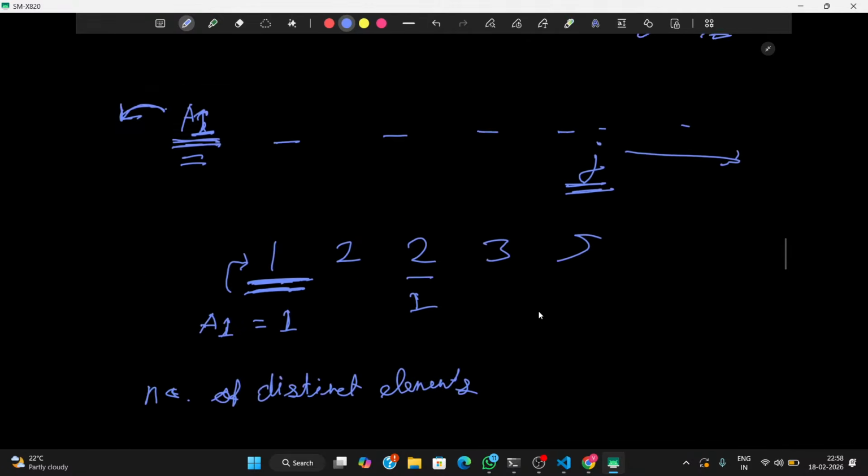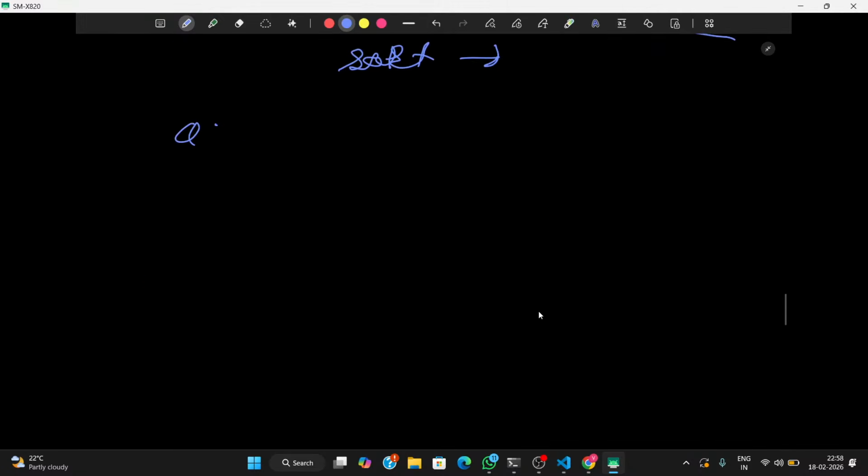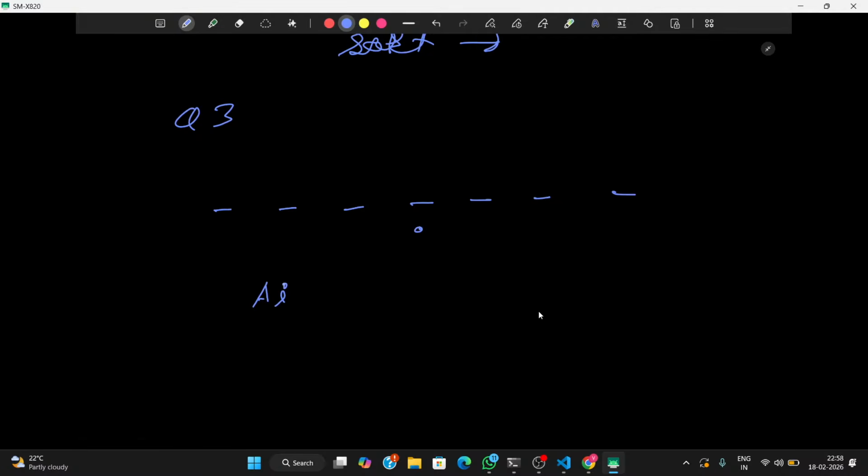So here in the third question, we are given some elements, right? You can take one particular AI and change it to AI into 2.